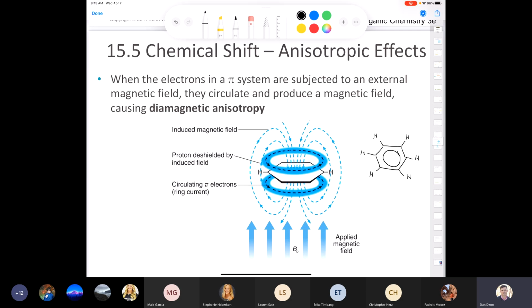You're subjecting this benzene molecule to the externally applied magnetic field, but the point of diamagnetic anisotropy is that different regions of the molecule are going to have a different net applied magnetic field because of the induced magnetic field caused by the circulating electrons.